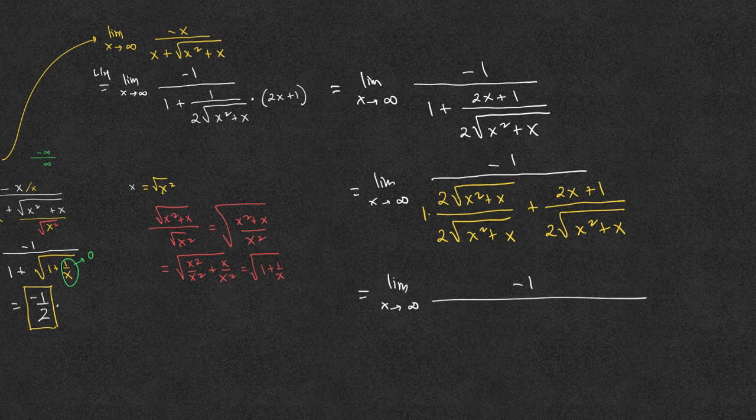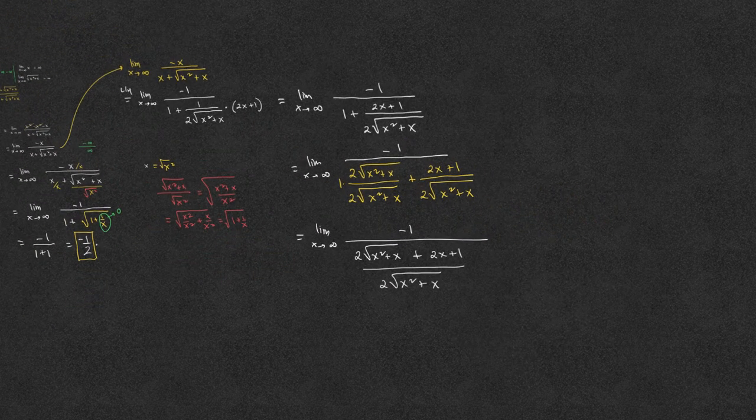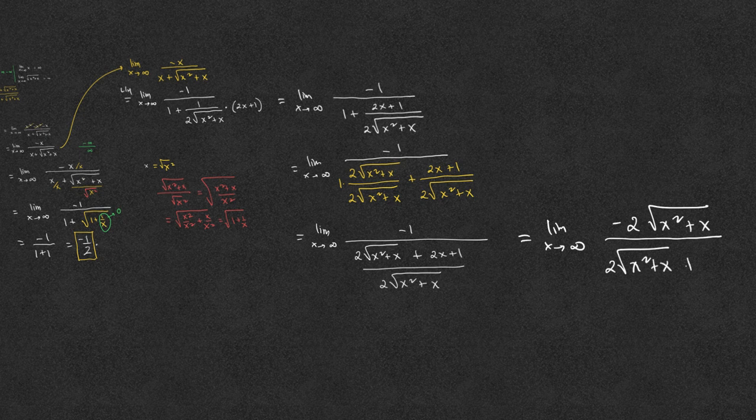The numerator is 2 the square root of x squared plus x plus 2x plus 1, and the denominator is 2 the square root of x squared plus x. And then we rewrite this complex fraction as the limit as x goes to infinity of 2 root x squared plus x times negative 1 over 2 root x squared plus x plus 2x plus 1.